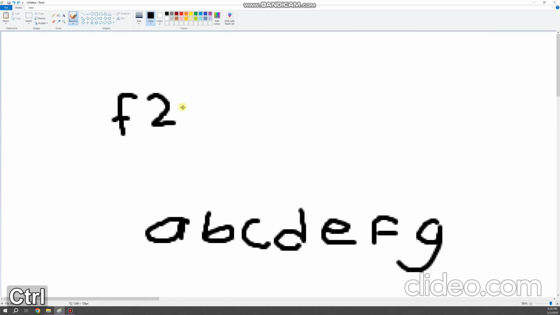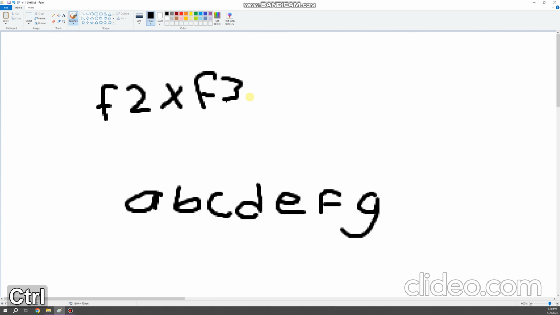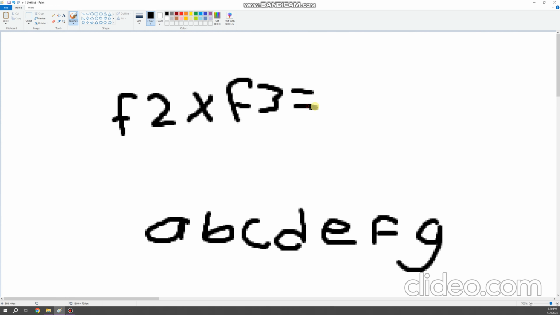So now what if instead of F2 plus F3, we do F2 times F3? Well, we do it the same way. 2 times 3 is 6. F6, sorry. A little curl on there.